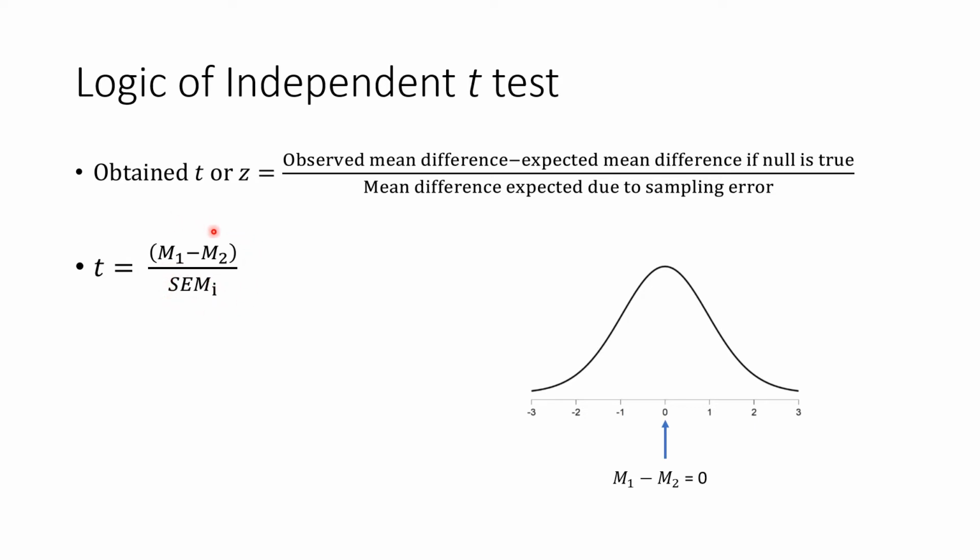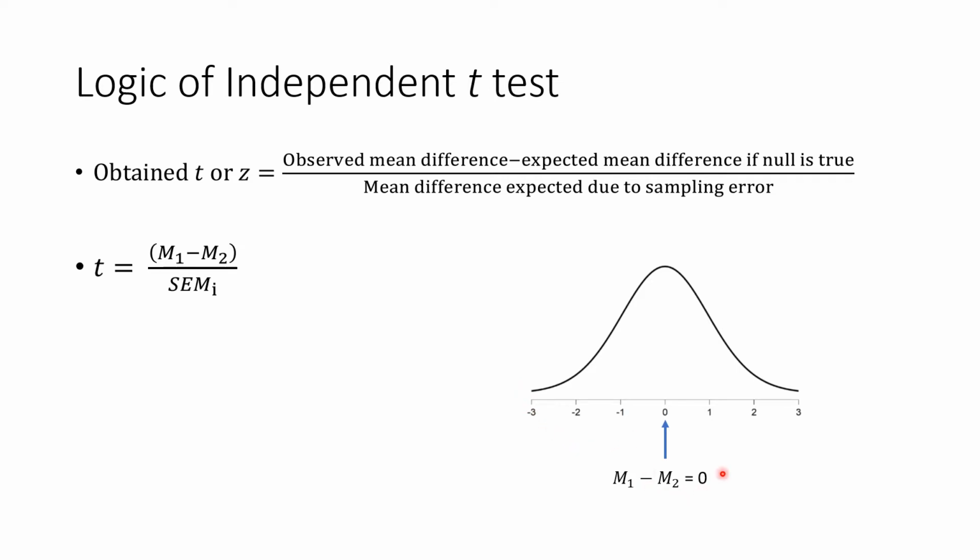If the mean difference is 0, or if the means of the 2 groups are very similar to each other, essentially 0, the numerator of this t-test is going to be really small, and you're going to divide that by sampling error, and you're going to get a t-value that's close to 0. So again, this is a distribution of sample means, or a t-distribution.